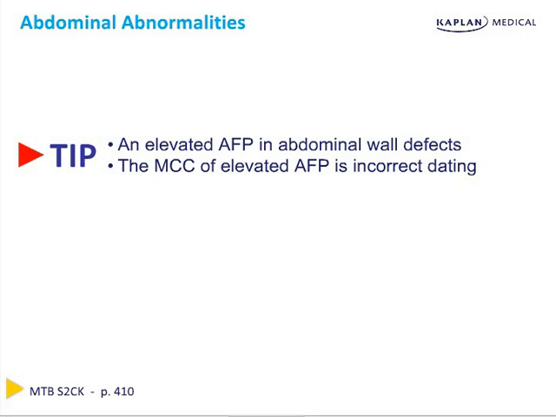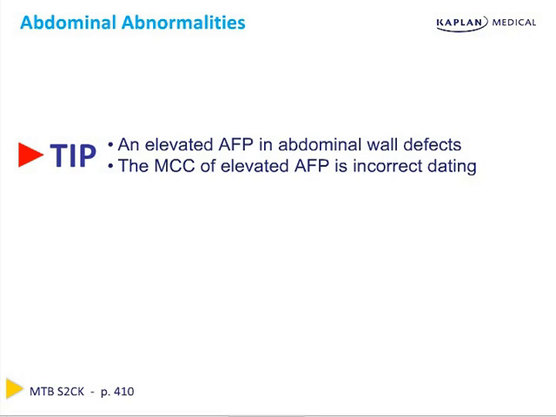Recall that after the first trimester, alpha fetoprotein is largely made in the fetal liver and the fetal GI tract. Thus, if our fetal GI tract is swimming around in the amniotic space outside the abdominal cavity, more of the AFP is going to be in the amniotic fluid, and therefore expose the placenta and get into mom's bloodstream, leading to an elevated alpha fetoprotein level.